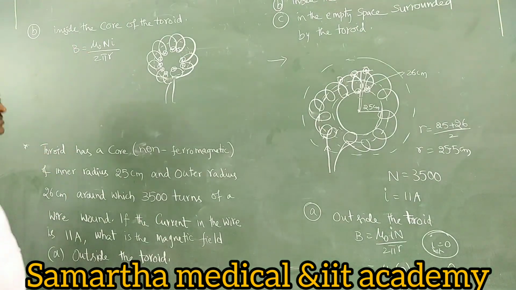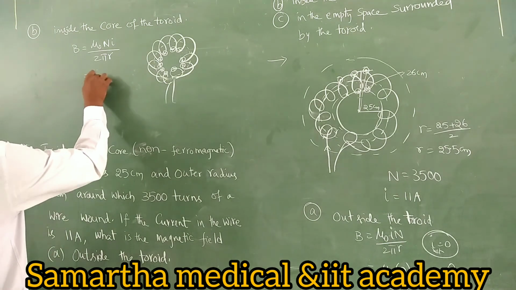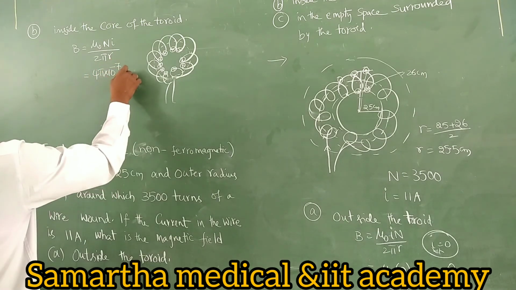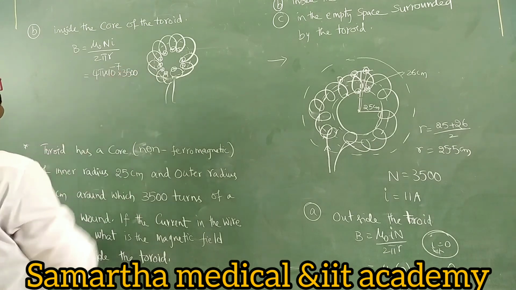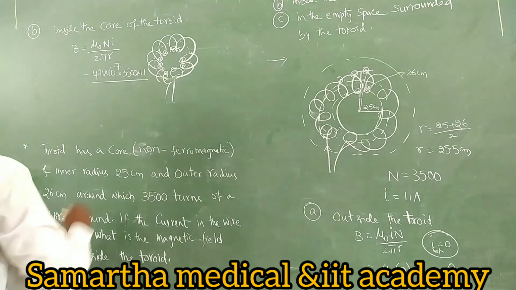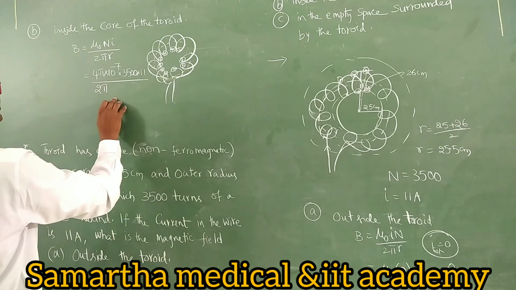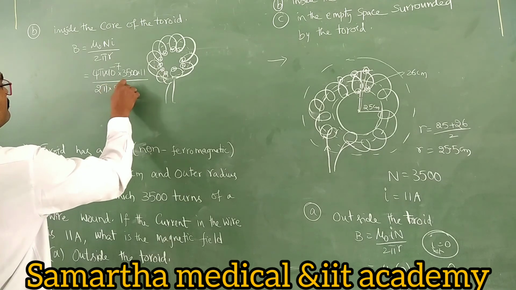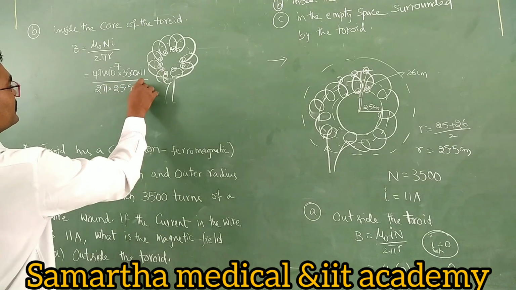0.274 into 10 raised to minus 2. Yes. So mu naught value 4 pi into 10 power minus 7, number of turns 3500, current 11 ampere, by 2 pi R, radius, average radius, 25.5 centimeter, 10 power minus 2.